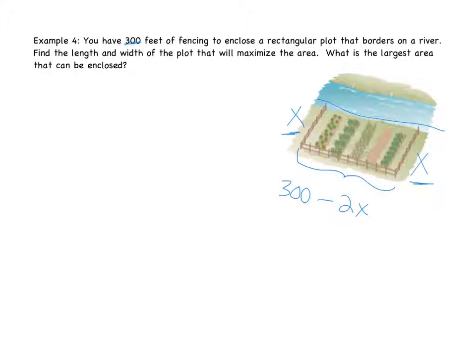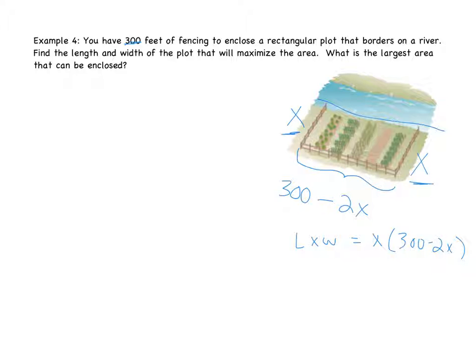You can fill in numbers to see different possibilities. But my goal is to figure out what x would give me the largest area when I do length times width. Well, length times width here is x times 300 minus 2x. So I have to figure out what x value would make this as large as possible.